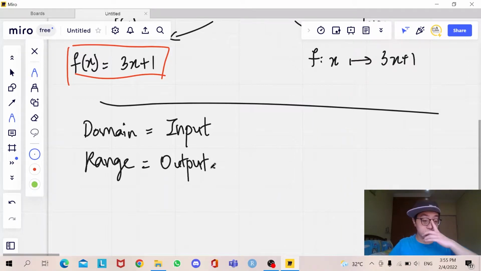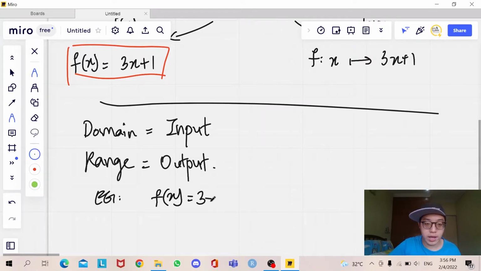So when a question gives you a domain, you need to make sure your range is according to the domain. Let's say for example f(x) = 3x + 1, and the domain is given as x from 0 to 3.